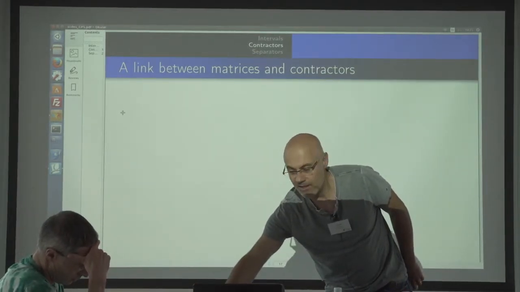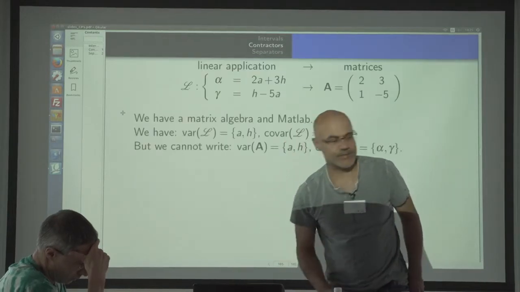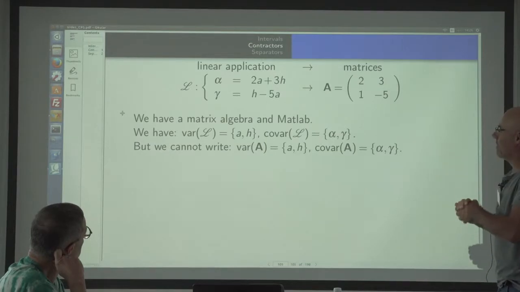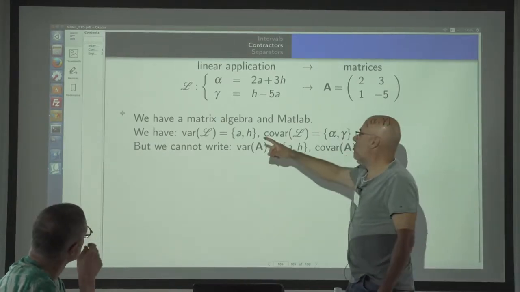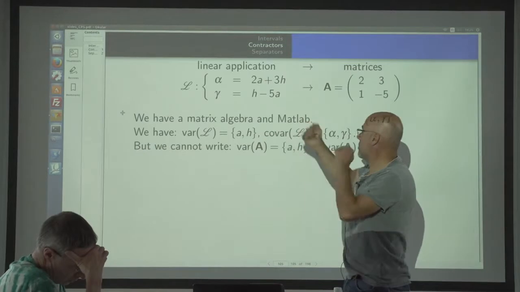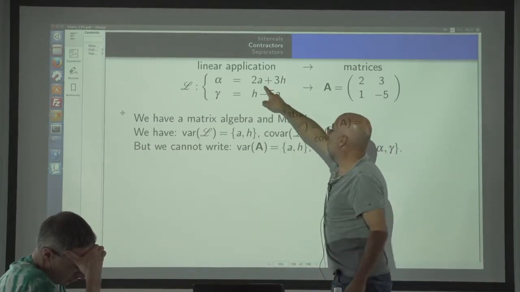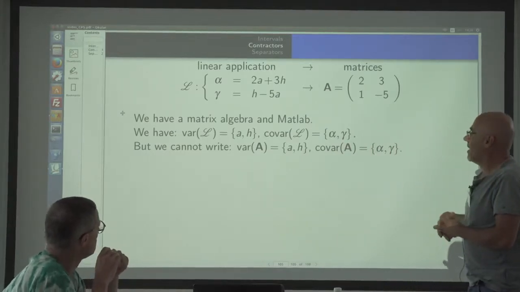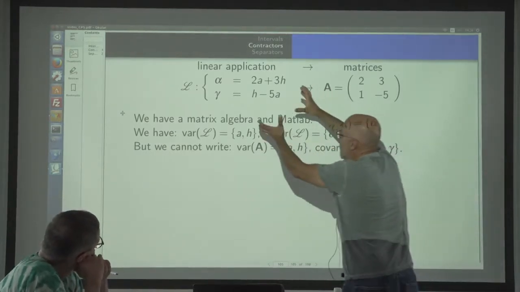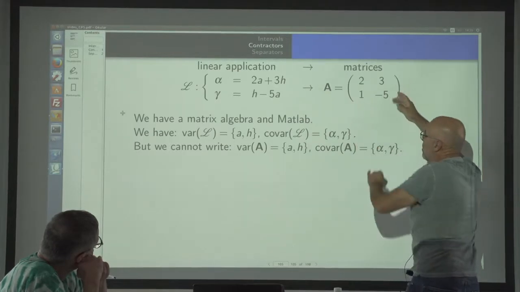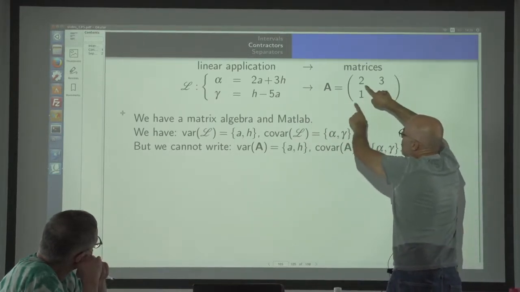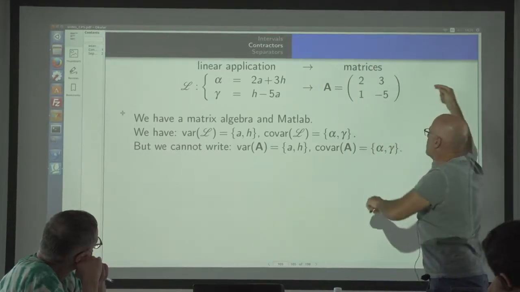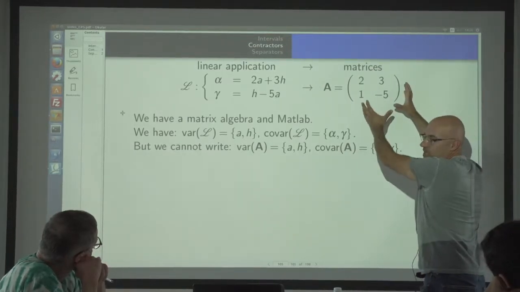So just a remark, a link. There is a link between matrices and contractors, and I will try to explain why. When you have a linear equation, you have variables that are linked by an equation. So here, A, H, gamma. When we represent this by a matrix, like this one, we don't know that this corresponds to A and this corresponds to H. This corresponds to alpha, we have the matrix.